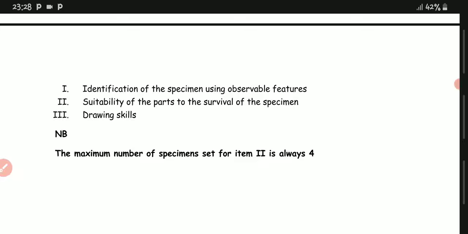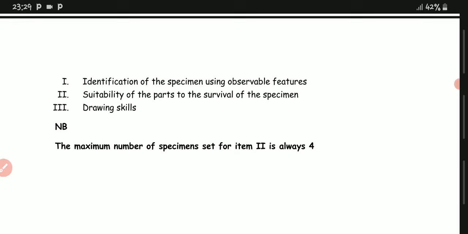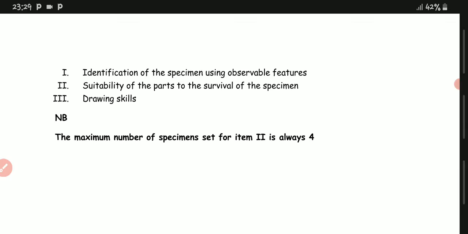Number 4, actually some of you use saliva. Like I was marking, a certain student used saliva to rub. So you should be very careful on that.